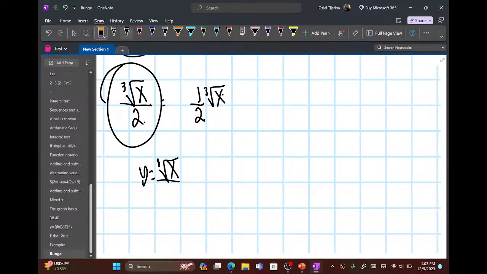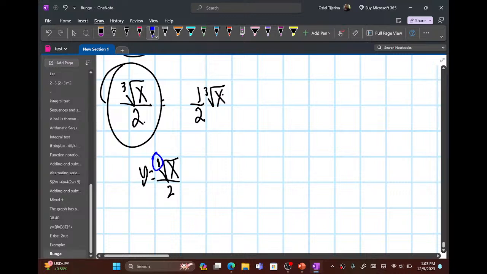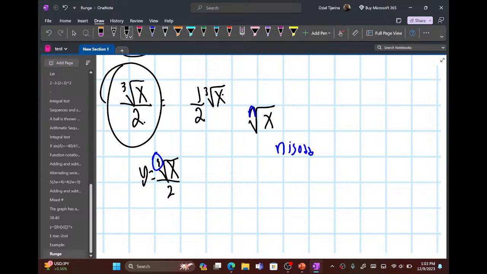So when n is odd, obviously, the nth root of x, n is odd, thus f of x, or y, is a function of x.